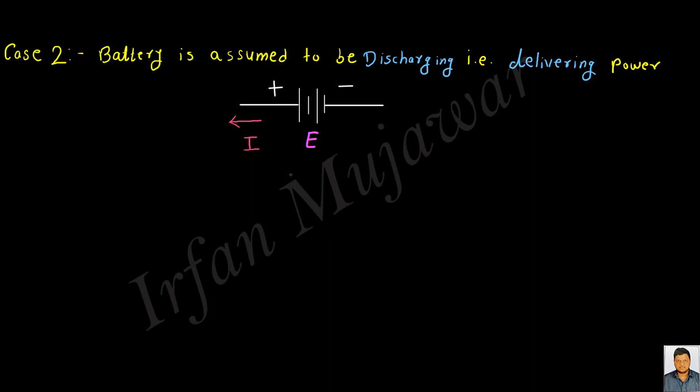As it is a DC system, we can calculate P simply as the product of voltage and current. Now if I consider the first situation, if P is positive, then power will flow in this particular direction and the battery is going to be discharged, then it delivers the power.